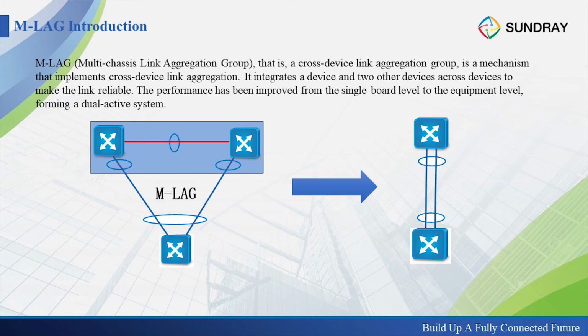From the picture, you can see there are three switches, and we can make the MLAG and aggregate the ports from switch 1 to switch 2.